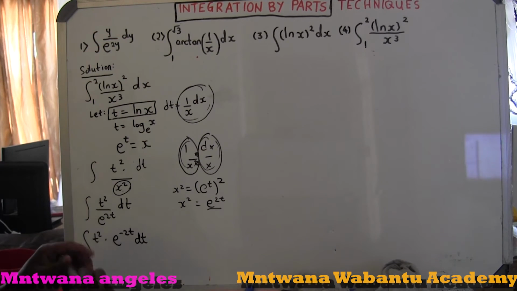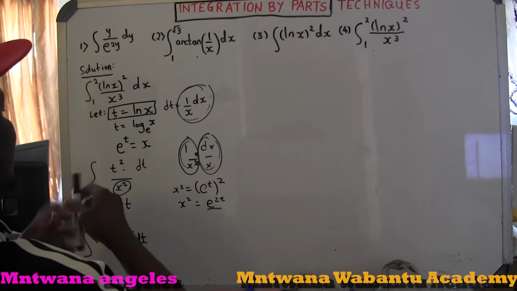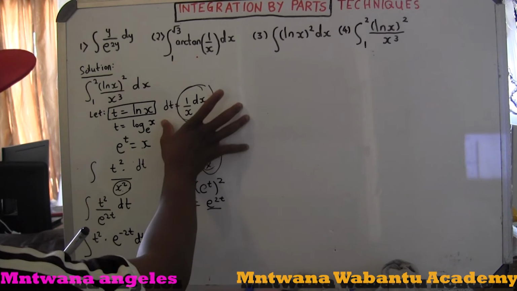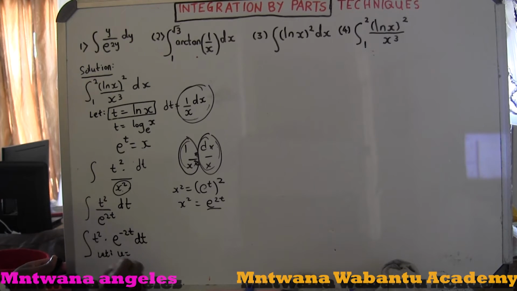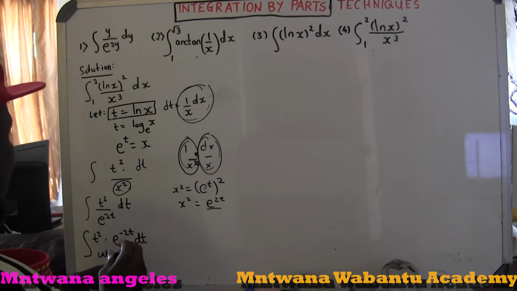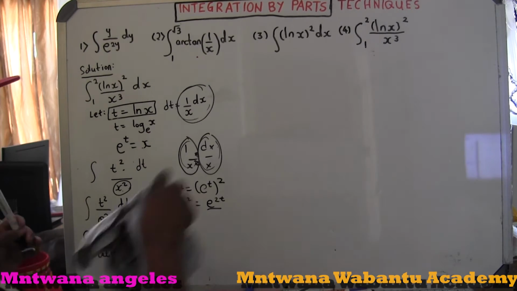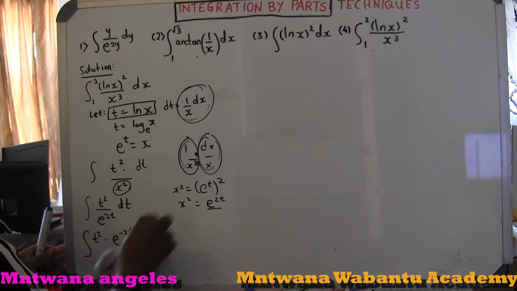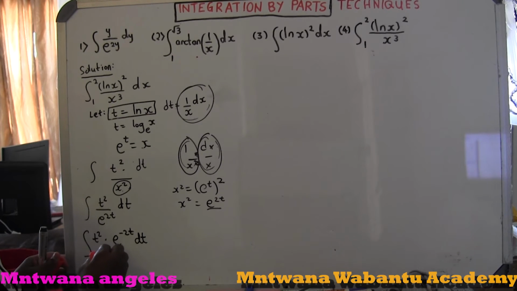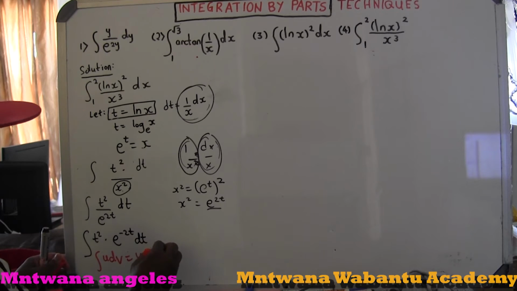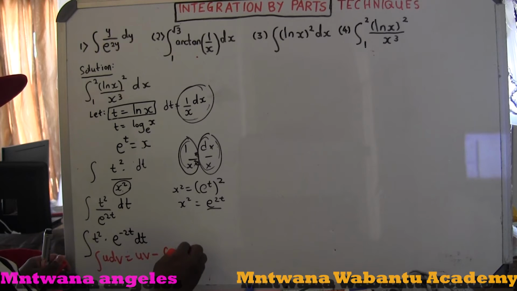So now we're going to say, let u, from the by parts formula: integral of u dv equals uv minus integral of v du.